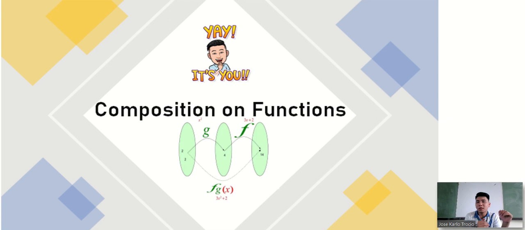And in the composition of functions, a function can be composed of another function, and that other function is inside that parenthesis. So that x will be replaced with another function. So that is composition of functions.